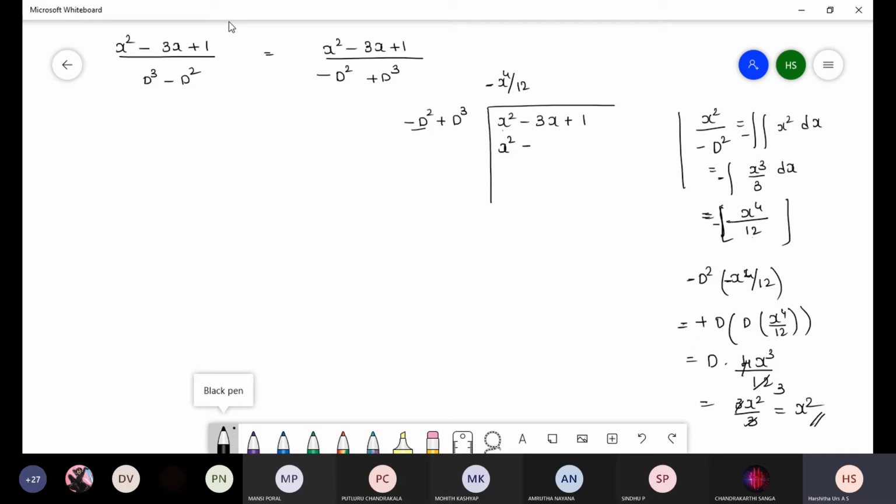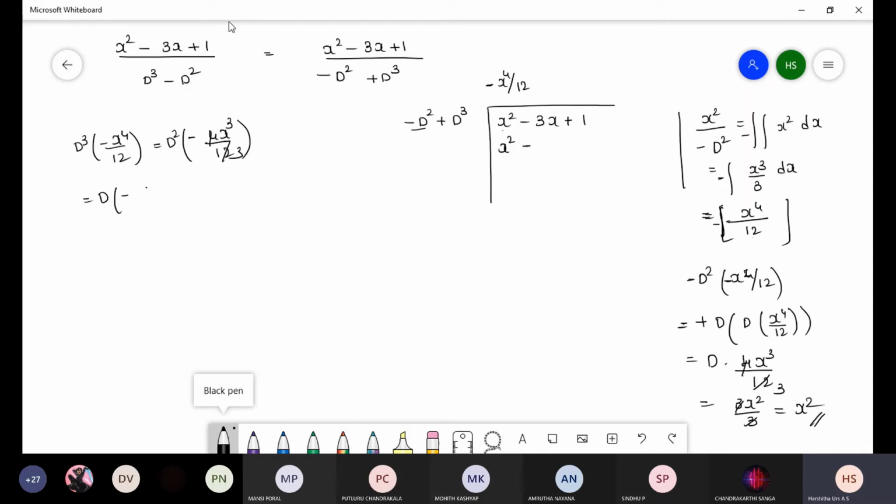Now next, again minus, here I write this side D cube of minus x power 4 divided by 12. This one we can do directly. First differentiation of x power 4 is 4x cube divided by 12, 4 ones are 4, 3s are.